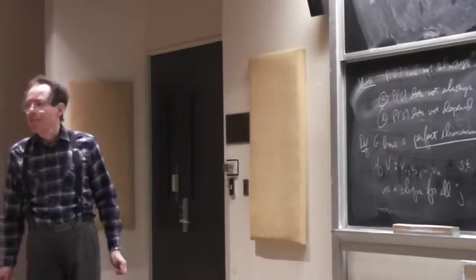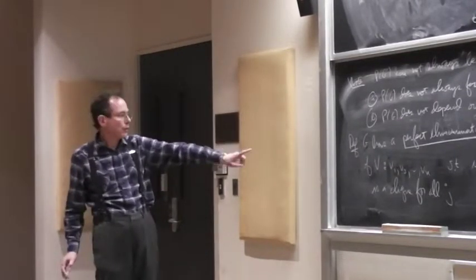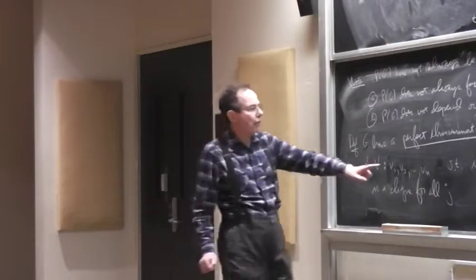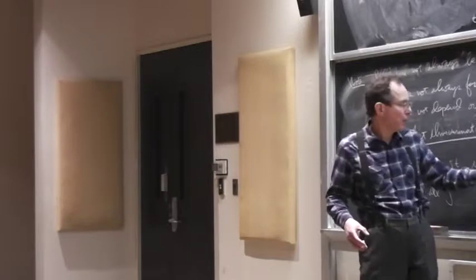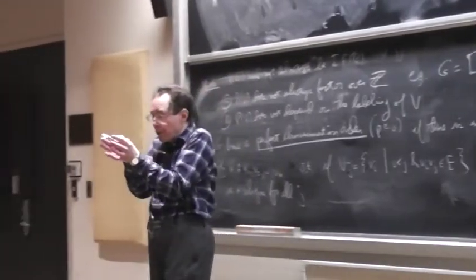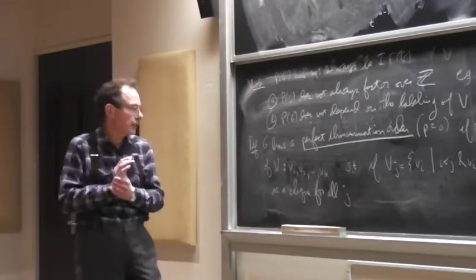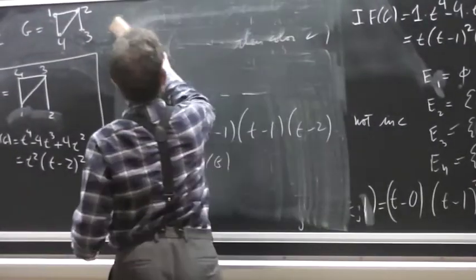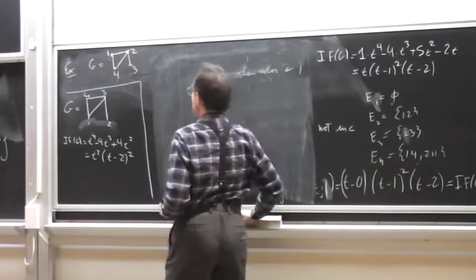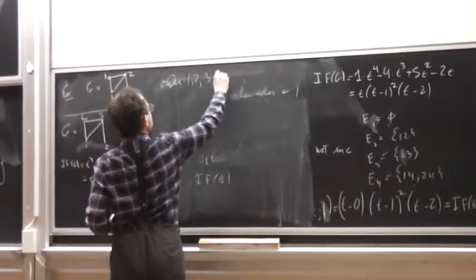Anyway, okay. So this is what it means to have a perfect elimination ordering. We have an ordering of the vertices such that, and this looks very similar to the E_j, right? If I look at all the vertices that come earlier in the order and look at the graph that those induce, that is a complete graph. Every single possible edge between these vertices is present. Okay, well, let's do that here. So let's take the natural order here, 1, 2, 3, 4.